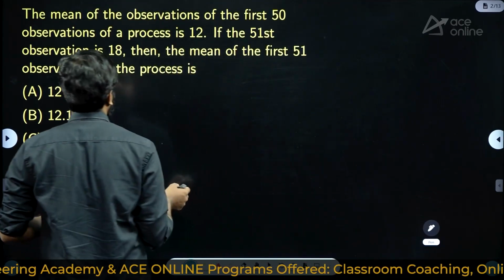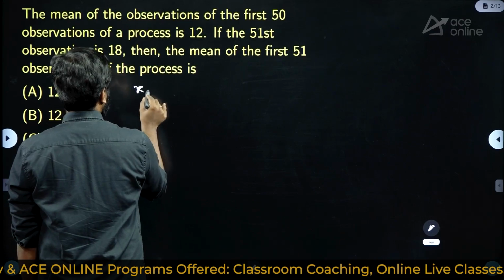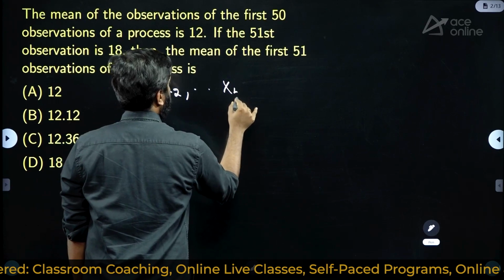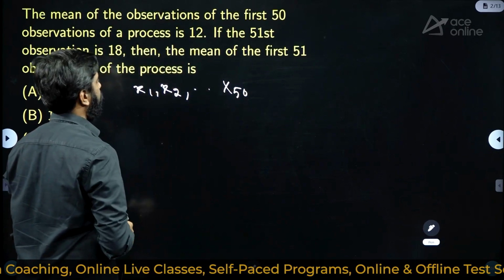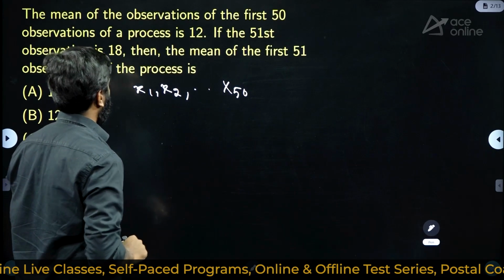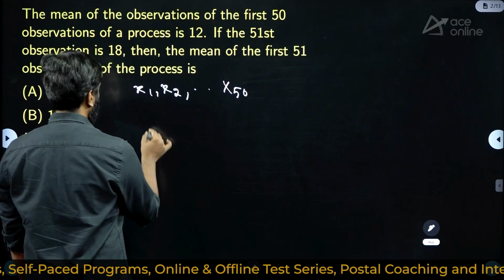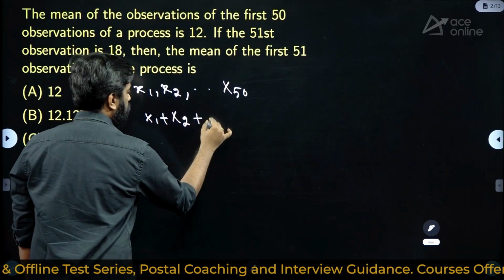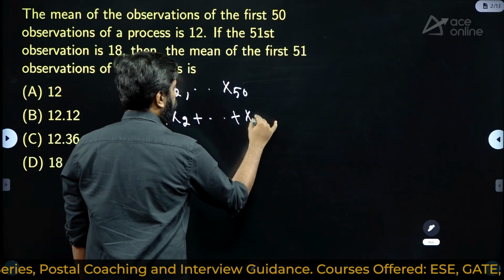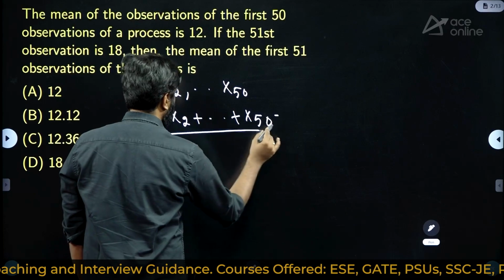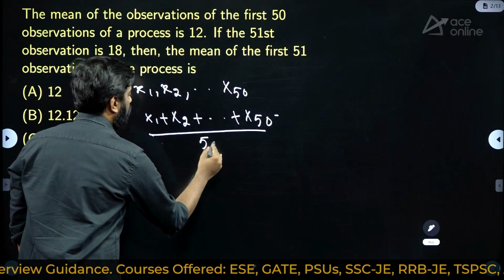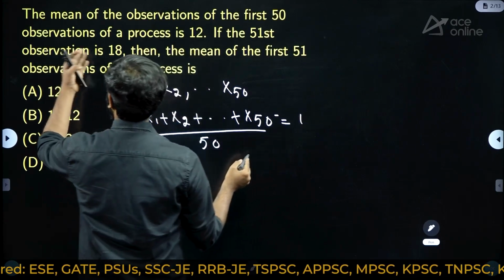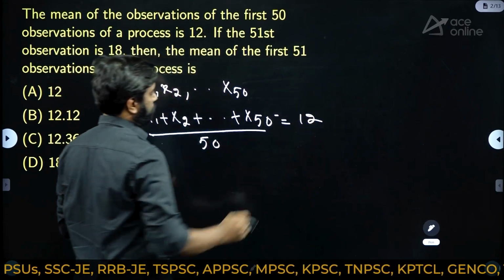Let's write like this. Let us assume that x1, x2 up to x50 are the observations. What they gave is the mean of the first 50 observations is 12. So x1 plus x2 plus so on plus x50, divided by the number of observations, because the mean is the sum of the observations by the number of observations, is equal to 12.